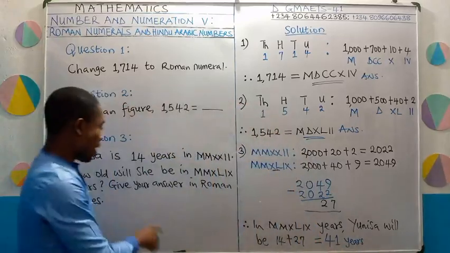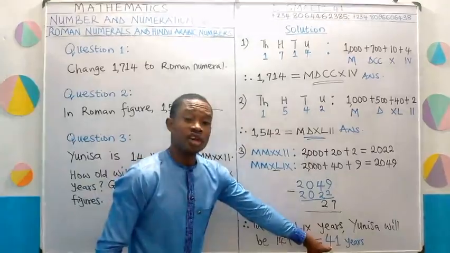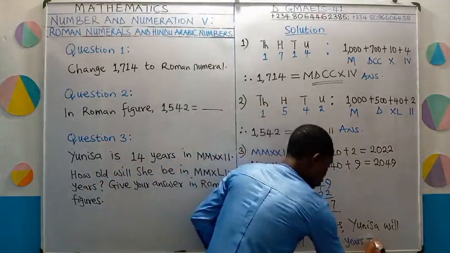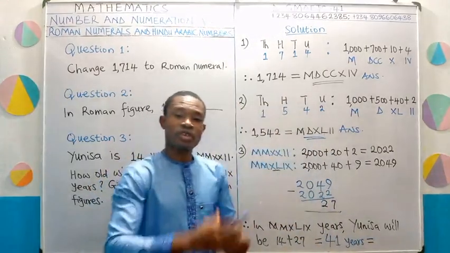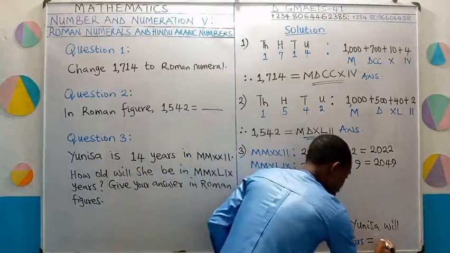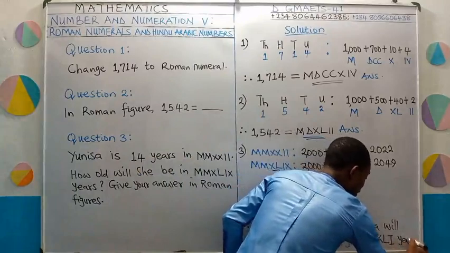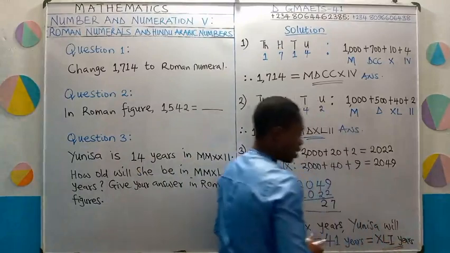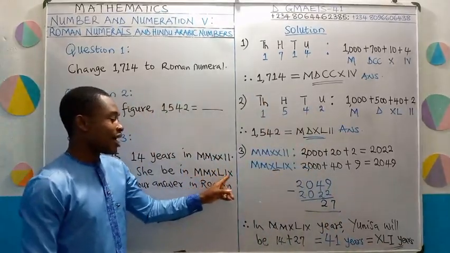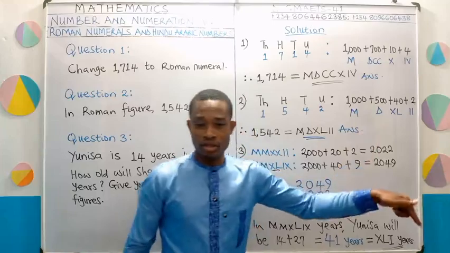But we are asked to get our answer in Roman numerals. So I will convert it to Roman figure. This is 41. So 41 will be XL, which is 40, and then I. XL is 40, then you put your I, years. And now this is our answer, we are done, okay? It means that in the year MMXLIX, Unisa is going to be 41 years, which is XLI years.